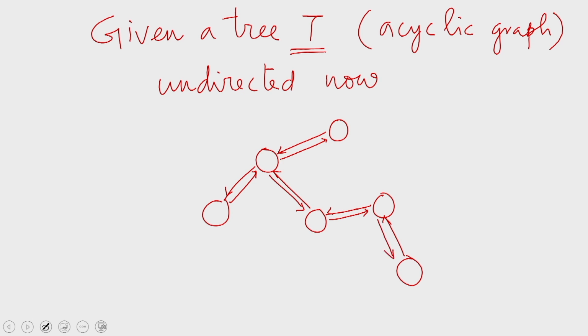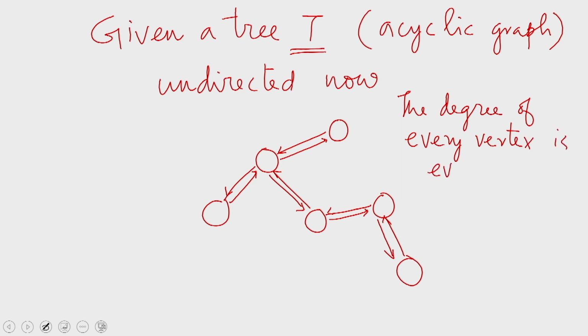When we do this, irrespective of the original structure of the tree, now we know that the degree of every vertex is even. That is because the in degree of every vertex is equal to the out degree.